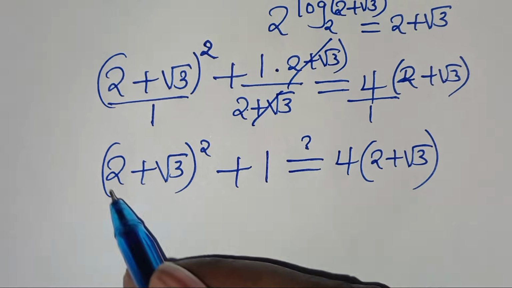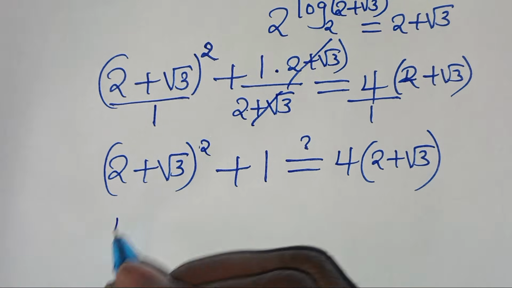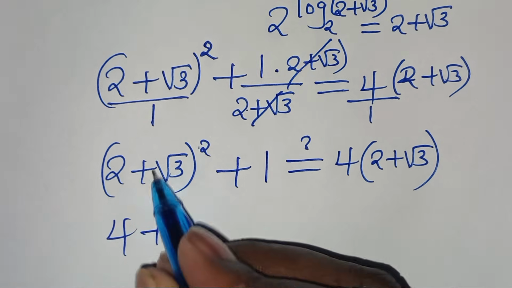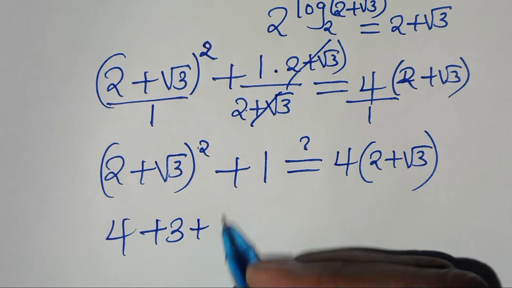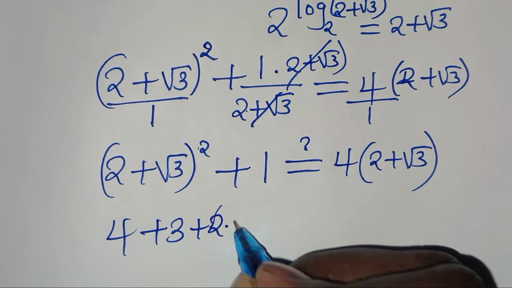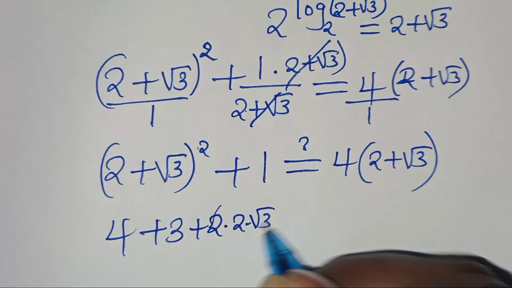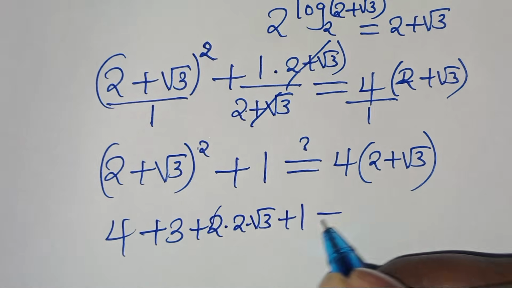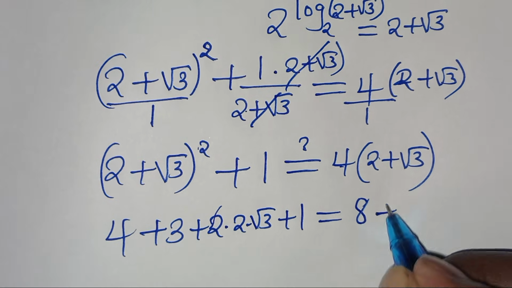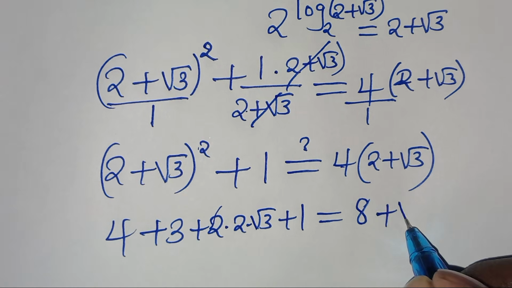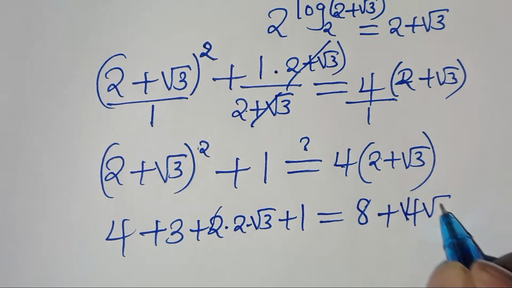Now let's expand this. This is 2 squared, which is 4, plus square root of 3 to the power of 2, this is 3, then plus 2 times 2 times square root of 3, then plus 1. This is equal to 4 times 2, this is 8, then plus 4 times square root of 3, this becomes 4 root 3.